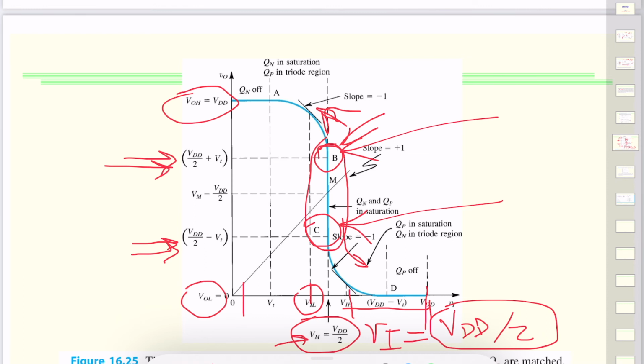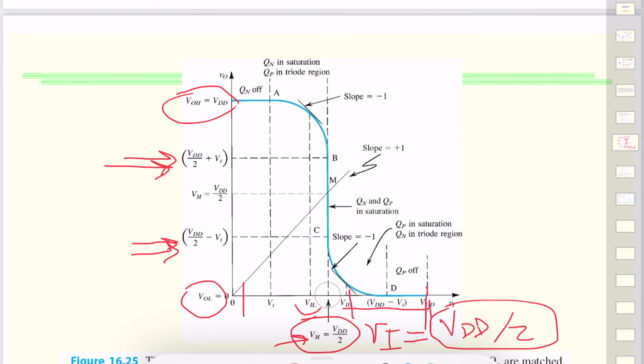So if we take a look at that, these 2 points determine the noise margin of the inverter. But if you look at it, interesting, those are the points where the slope is 1 and minus 1. So that's just before we get into the infinite gain. Now these are 2 points on the transfer curve where the incremental gain is unity, and beyond that the gain becomes infinite. So let me just clean up.